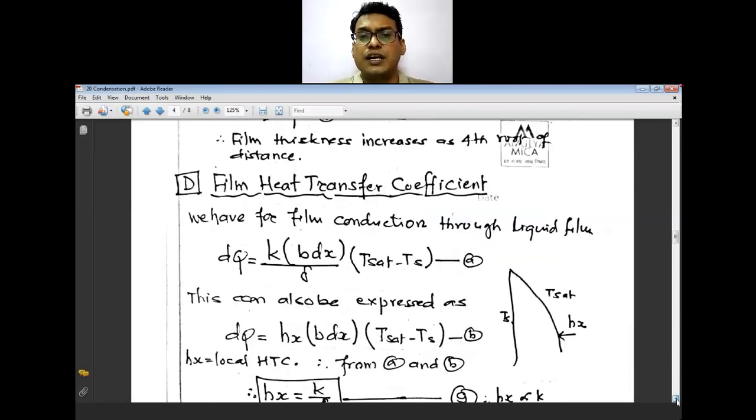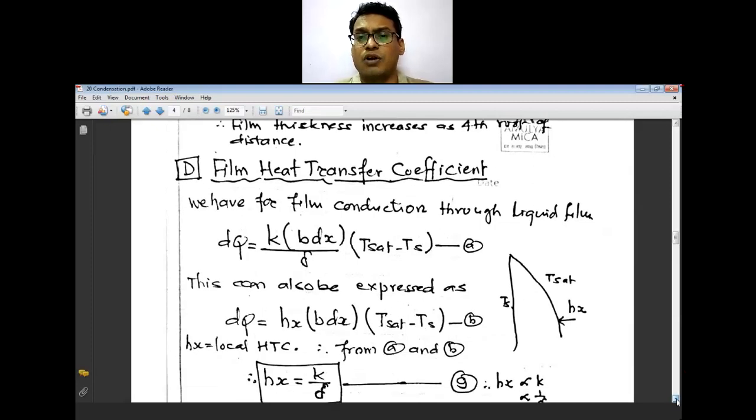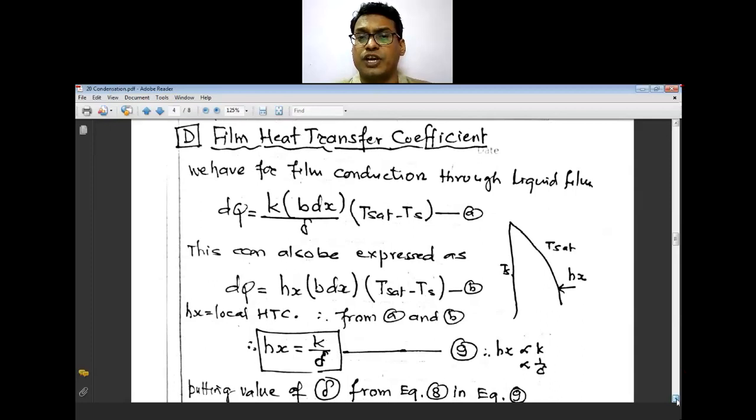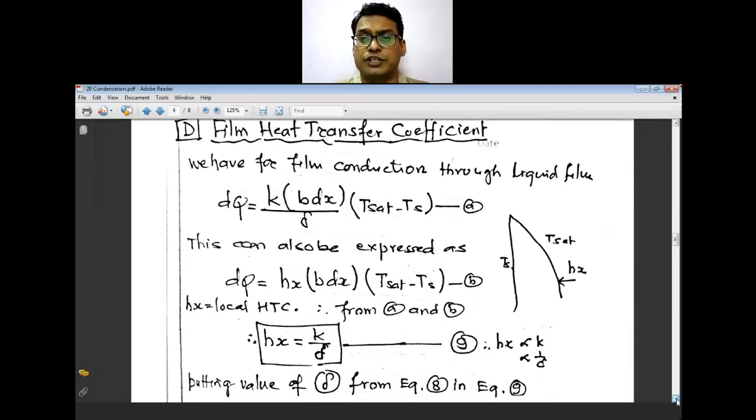The next is the film heat transfer coefficient, h. Through the liquid film we have conduction, and this can also be expressed in terms of the convection heat transfer coefficient.